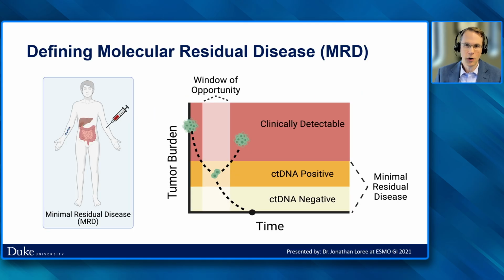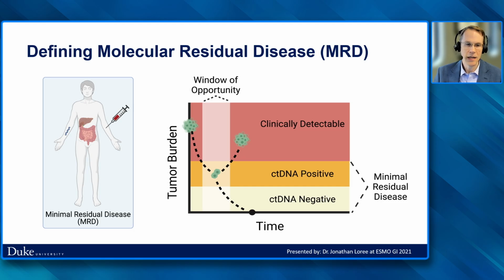When we use the term MRD, there's a couple of different explanations for what that means. Some call it molecular residual disease. Some people call it minimal residual disease. In my mind, there's no difference. It's just how you call it. It's based on this idea that you take a patient who maybe has a tumor in place, remove that tumor surgically, and then create a panel to follow that tumor over time.